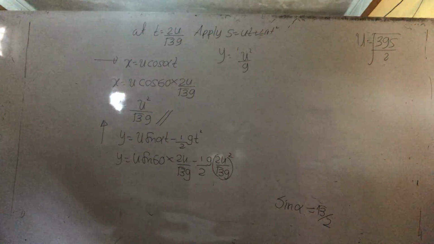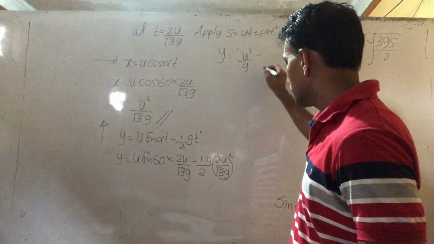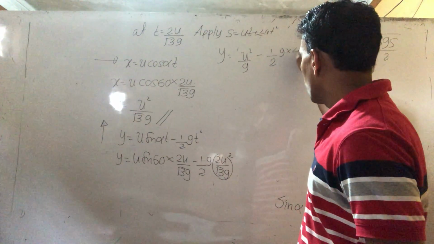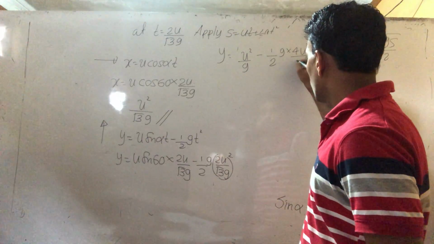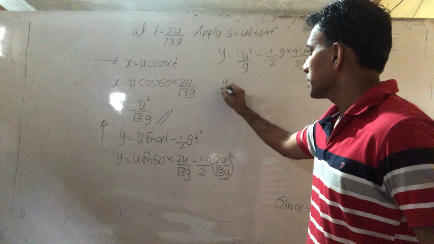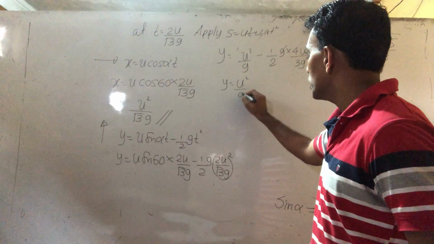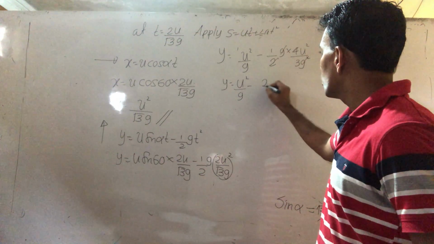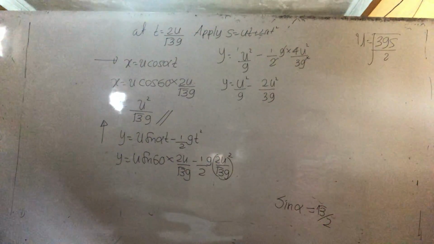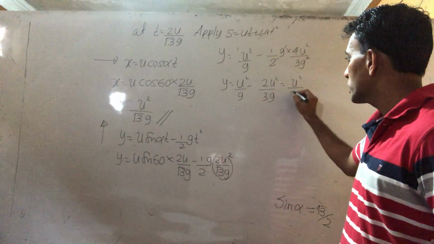Minus, if I simplify half g into 4u square over 3g square, so u square, cut the g also, u square over g minus 2u square over 3g. Using the LCM it becomes 3 minus 2, that is 1, u square over 3g.